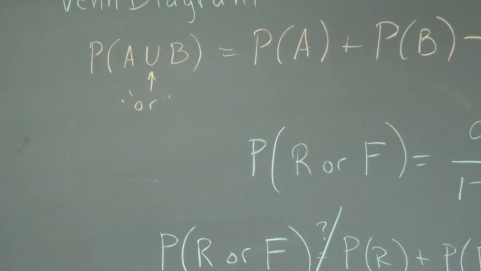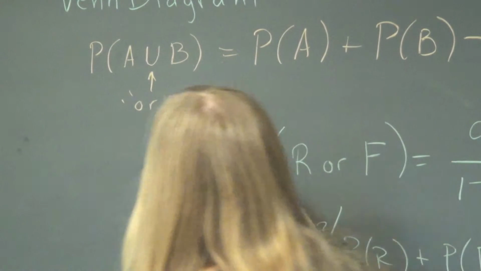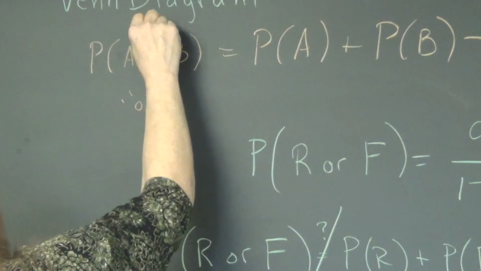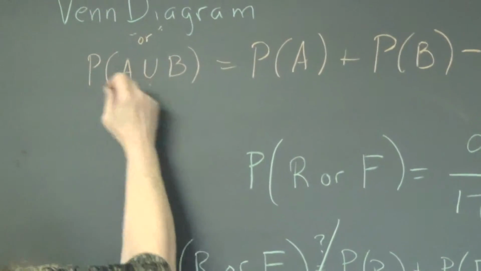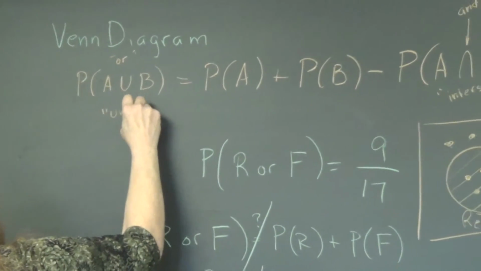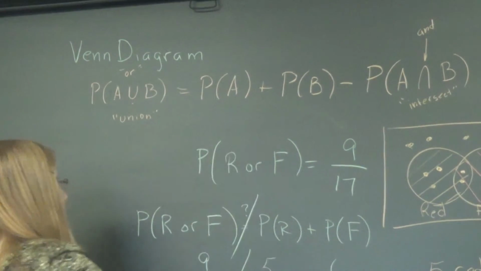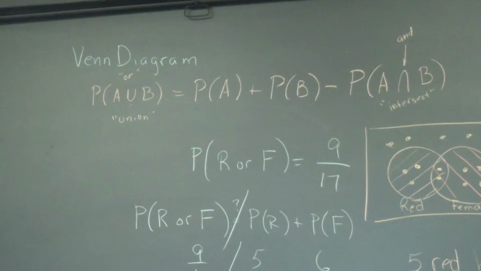It means and. So this is how you read it: A union B, which means or, equals the probability of A plus the probability of B minus the probability of A intersect B.